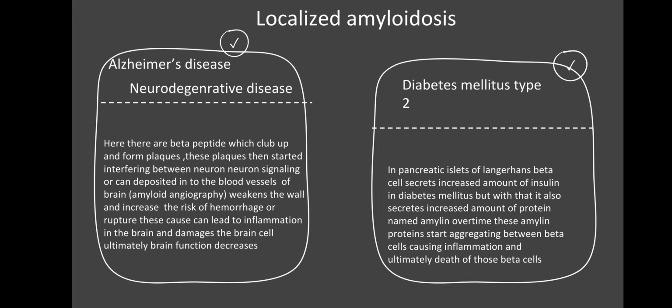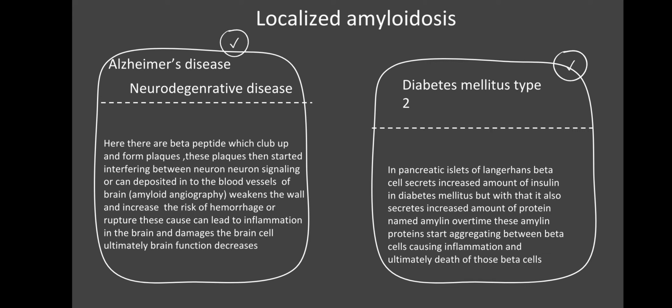These plaques interfere with neuron signaling or get deposited into blood vessels, which is also known as amyloid angiopathy. These depositions weaken the wall of the blood vessel and increase the risk of rupture and hemorrhage.